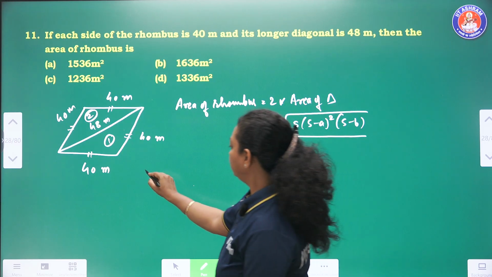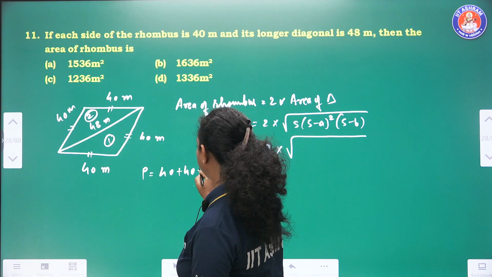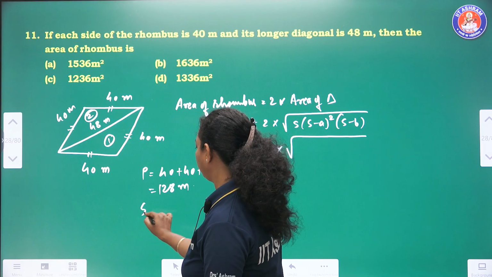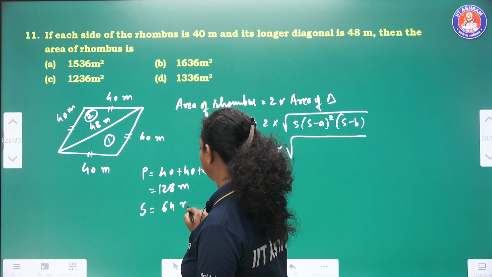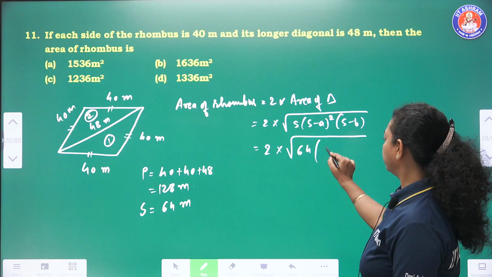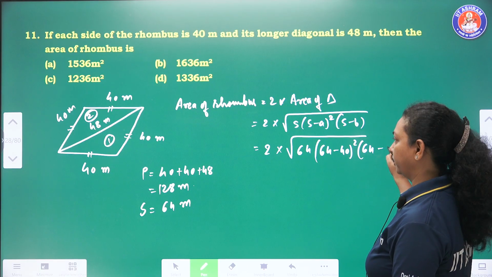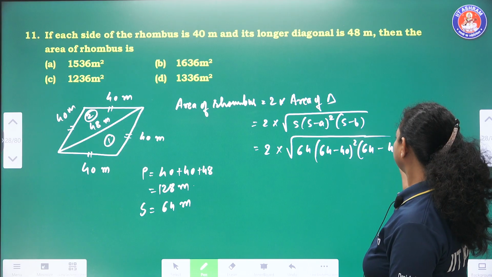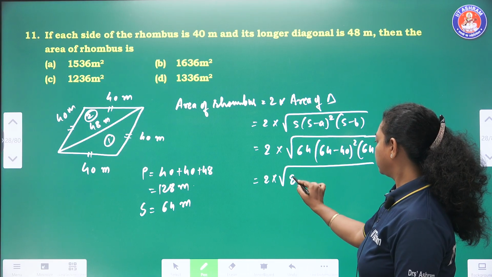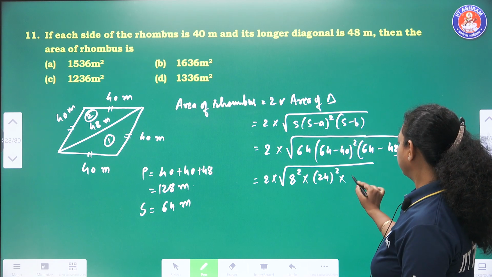Now what is the perimeter? The perimeter of the triangle is 40 plus 40 plus 48, which is equal to 128 meter. So semi-perimeter is 64 meter. Now 64 into 64 minus 40, that is 24 square, and 64 minus 48 is 16.